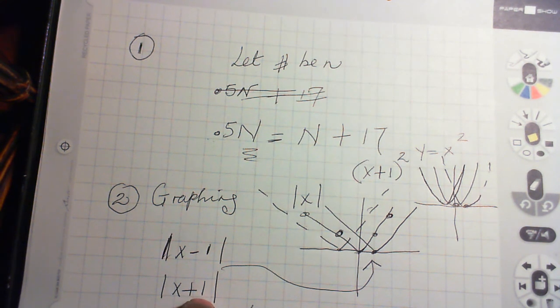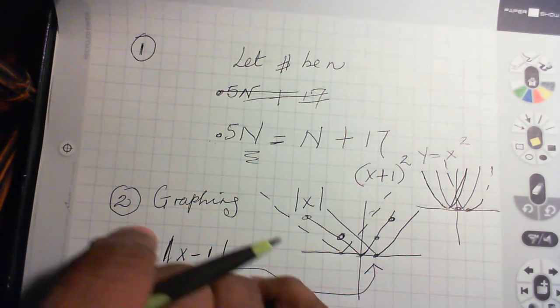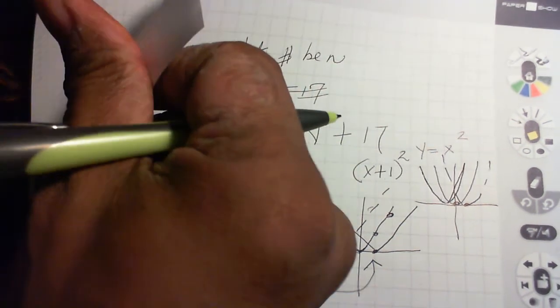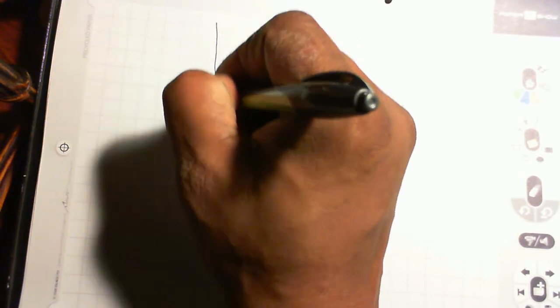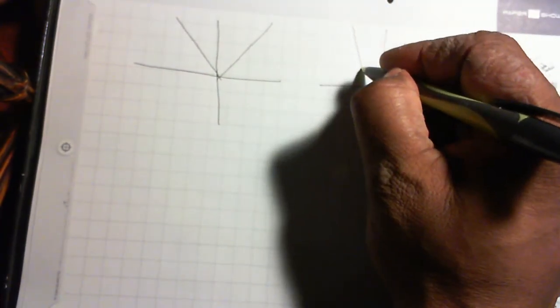There are some graphs that I call reference graphs, right? Reference graphs mean, for example, we looked at this one already, the absolute value of x. This one is x squared.